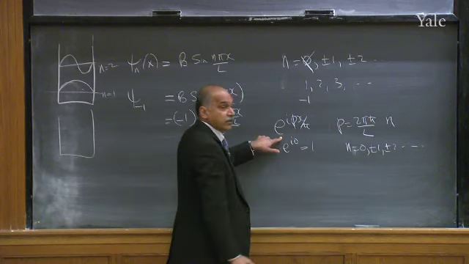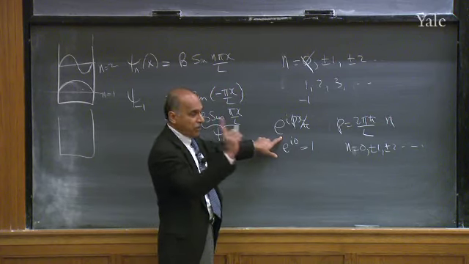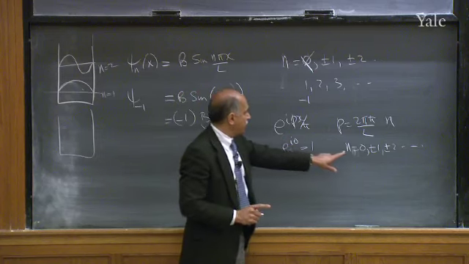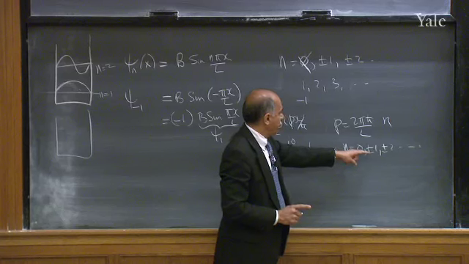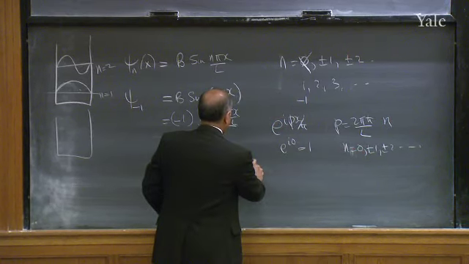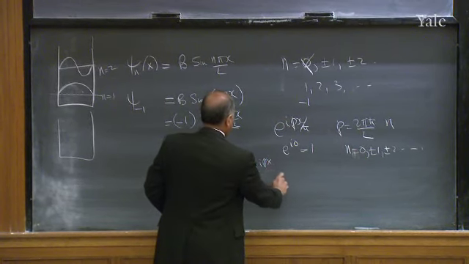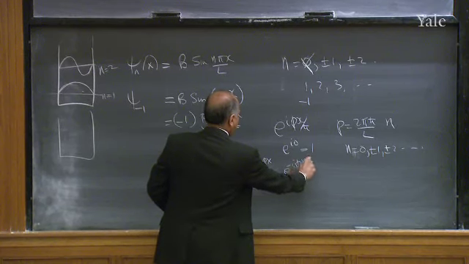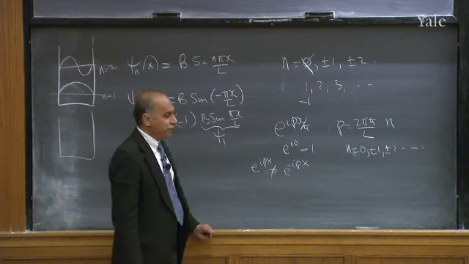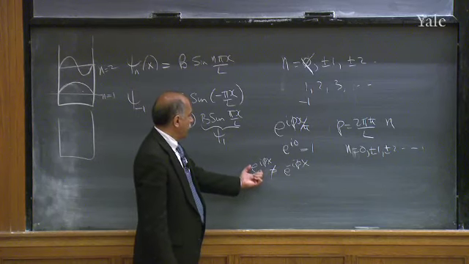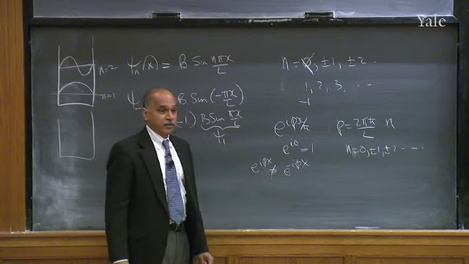It's in fact constant. So for a particle going in a ring, the 0 momentum state is actually allowed.